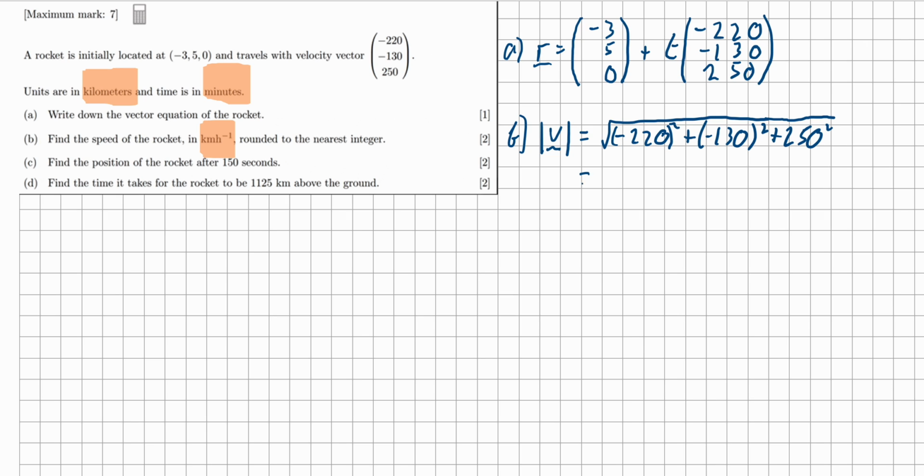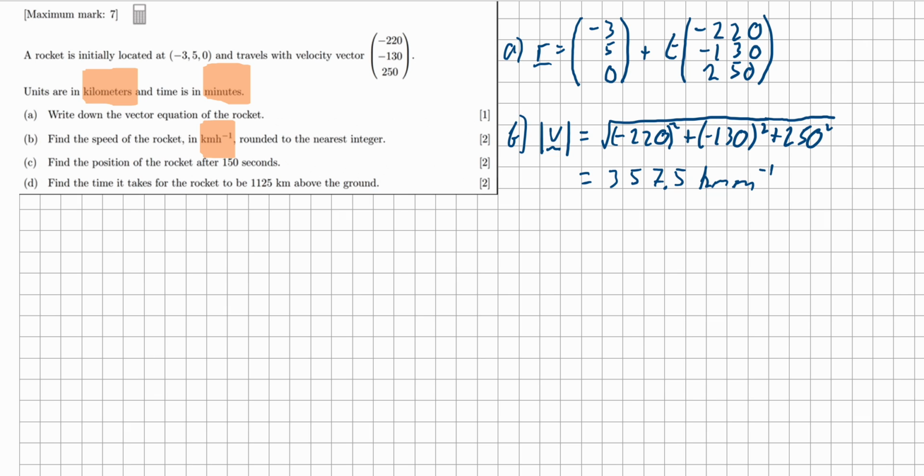And it's saying here, what does it say? It says find it rounded to the nearest integer. Okay, at this point though, because we're early on, I'm going to put it as 357.5. But this is kilometers per minute. To turn it into kilometers per hour, what we need to think is if it's doing this every minute, there are 60 minutes in an hour.